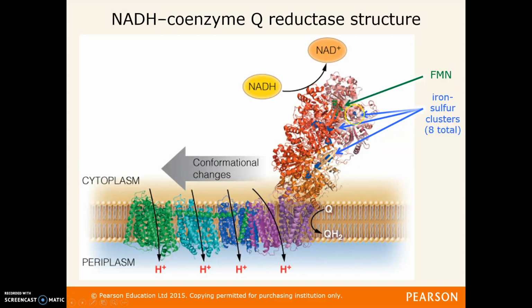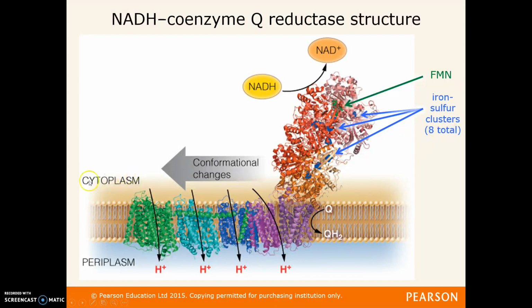So it will go from here to here, and this can keep one, give one away, and then pass it to the next one, and to the next one, and to the next one, ultimately until it passes down here where they are put onto a molecule called Q. All this electron movement, these various iron-sulfur clusters becoming oxidized and reduced, causes a conformational shift, which essentially takes an open binding site on this face and then transports those protons to the other face of the membrane.